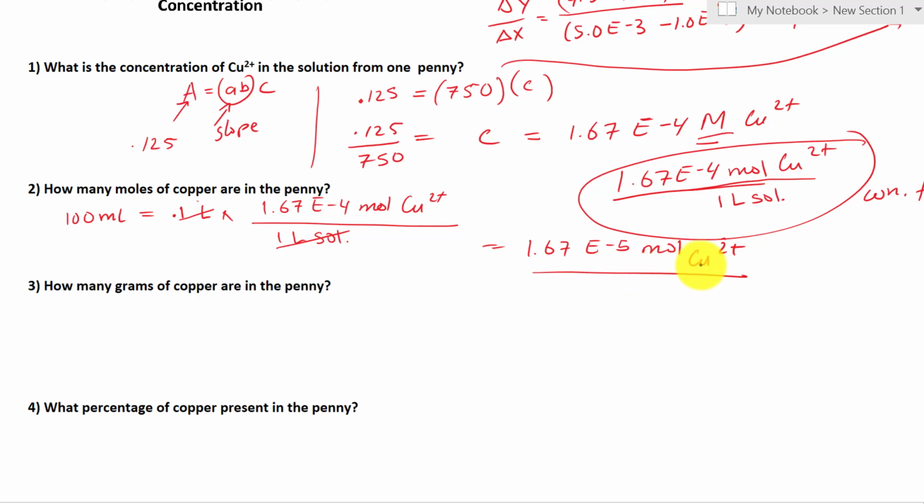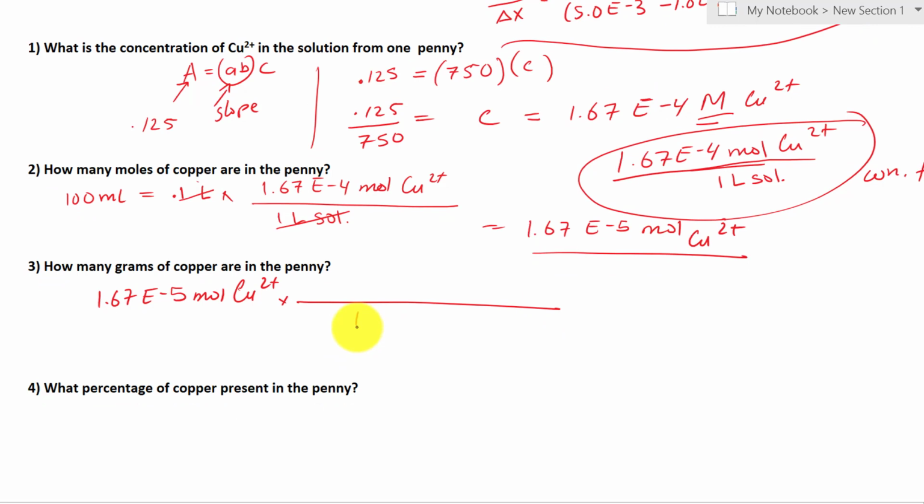Now, how many grams of copper in the penny? If you have moles of copper, just convert it by multiplying by the molar mass. So in this case, 1.67 e to the negative 5 moles of copper 2 plus times the molar mass. What's the molar mass of copper? Look at your periodic table, and we found that the molar mass of copper is 63.54.